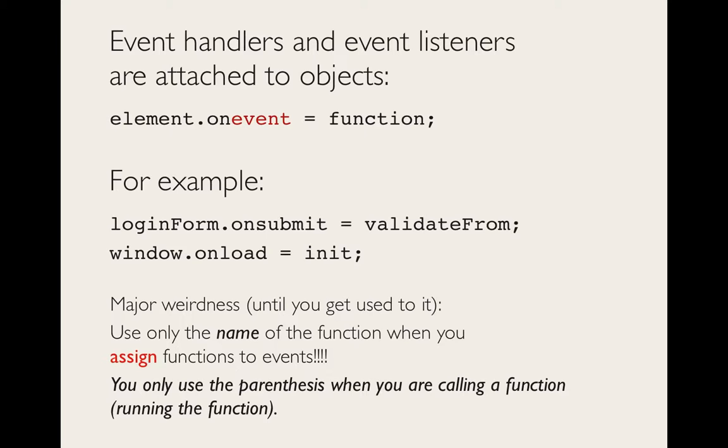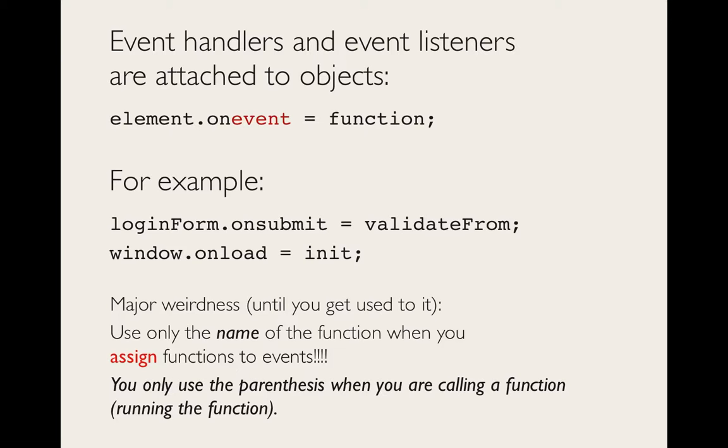For example, if you have a login form that has a submit button, you have an onSubmit event, you've attached it to the login form, and you want the validate form function, or method in this case, to run when the submit event fires. The same with window. When it loads, window.onload, you're going to say run this initialization method. That's all this is. You're basically assigning a function to an event. The function on the right, the event on the left.